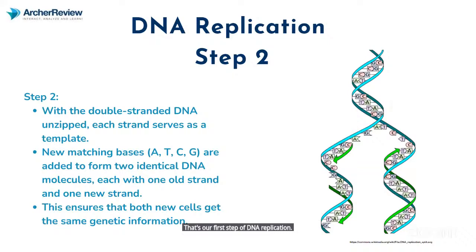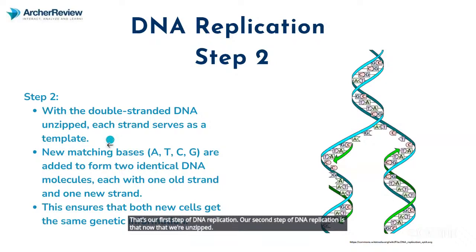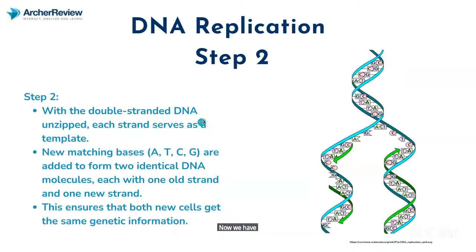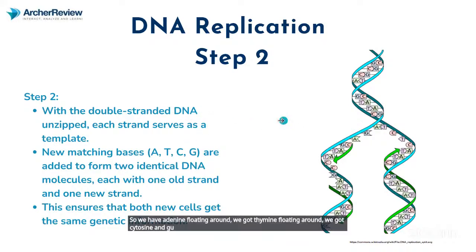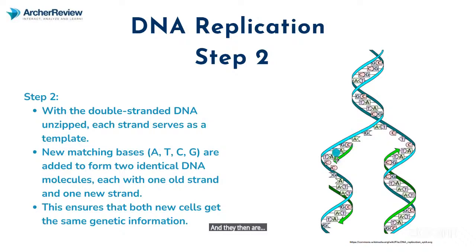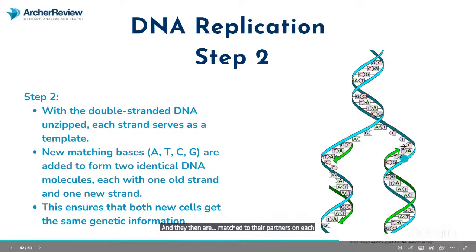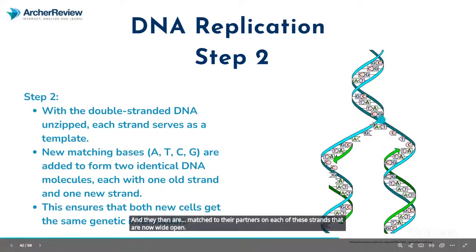Our second step of DNA replication is that now that we're unzipped, we have what I refer to as just simply free-floating nucleosides. So we have adenine floating around, thymine floating around, cytosine and guanine floating around in that nucleus. And they are then matched to their partners on each of these strands that are now wide open.